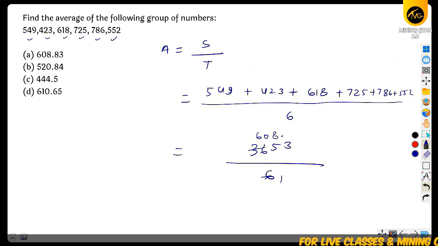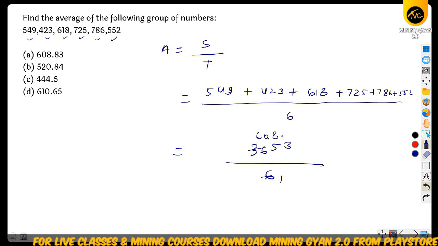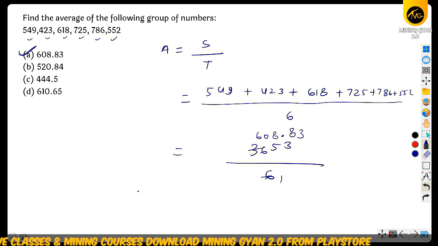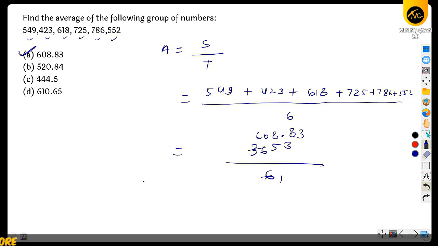So you can consider option A as the correct answer because there is 608. If you solve further, you will get the digits after the decimal, that will be 8 and 3. So option A is correct, 608.83. That means the total average of this group of numbers is 608.83, right?